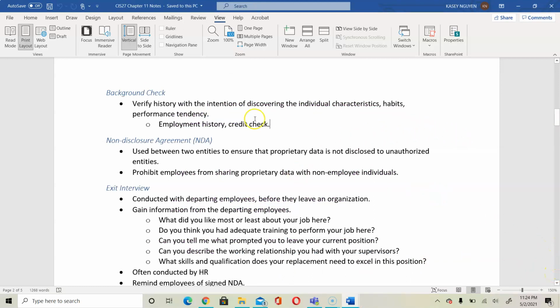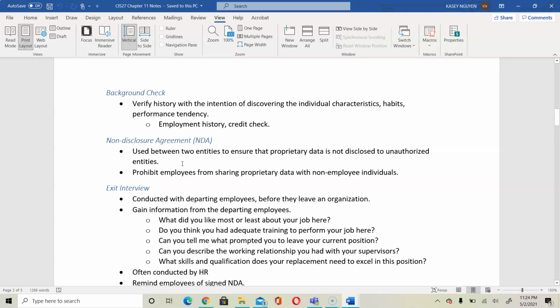And when you work with highly sensitive information, or a company that uses highly sensitive information, they require that you sign a non-disclosure agreement, your NDA. This is an agreement between two entities to make sure that proprietary data is not disclosed or shared with other entities.